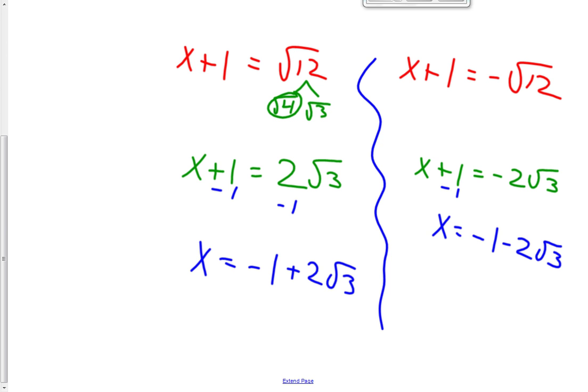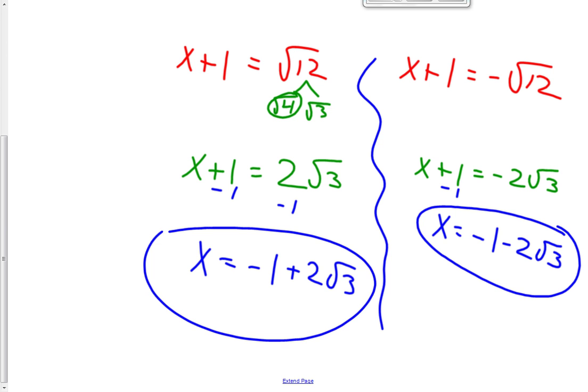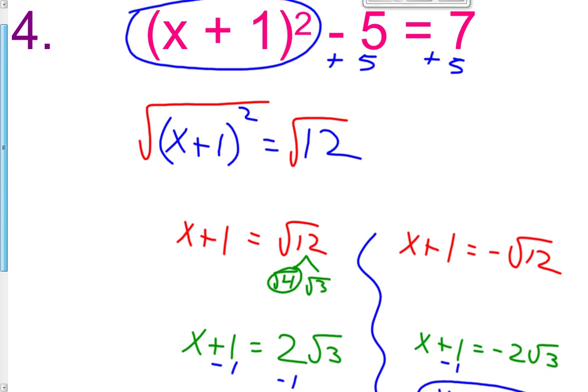You can't combine these again. You got to keep the negative 2 square root 3 by itself along with the negative 1. So your answer is really a negative 1 plus and minus 2 square root 3. A negative 1 plus 2 root 3 and a negative 1 minus 2 root 3. That is the correct answer here for question number 4.